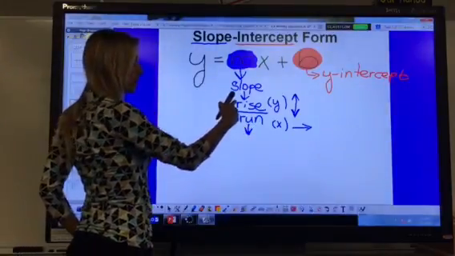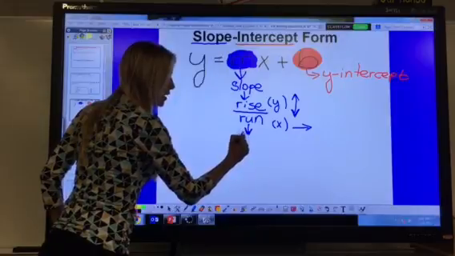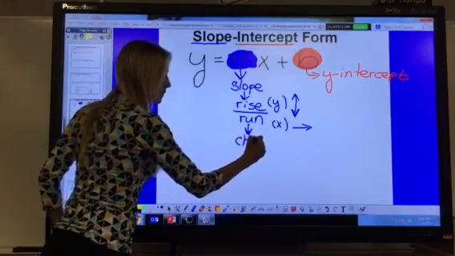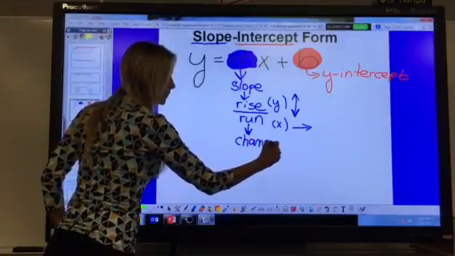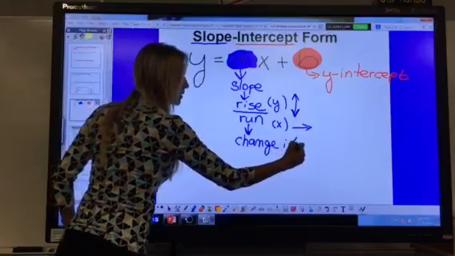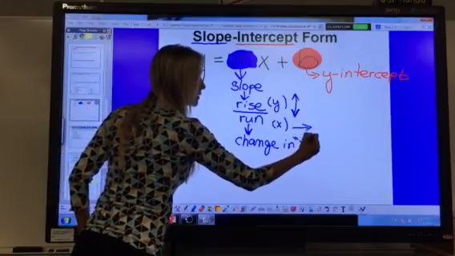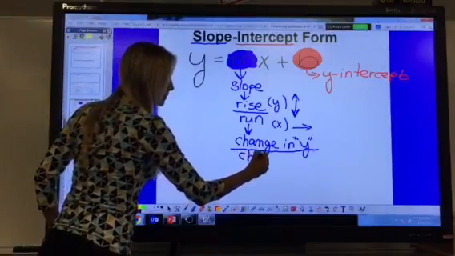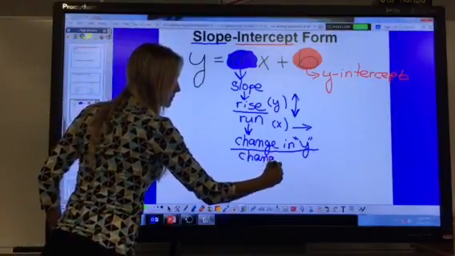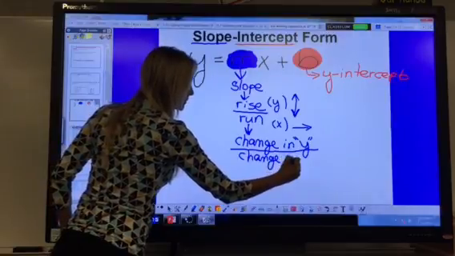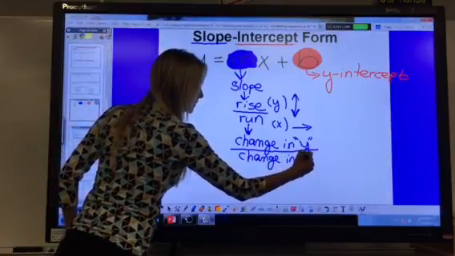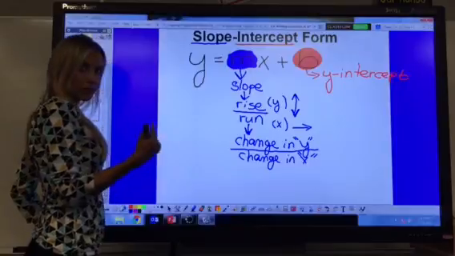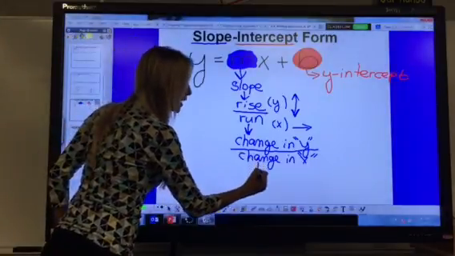Also, we're going to name our slope change in y over change in x. When I say change, change means how is y changing, right?